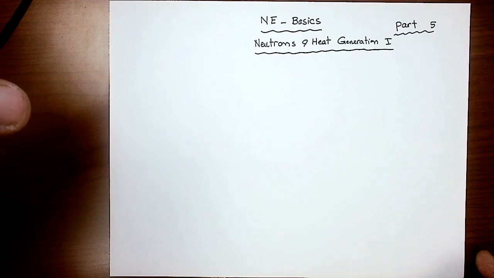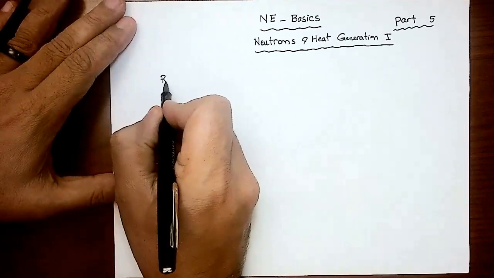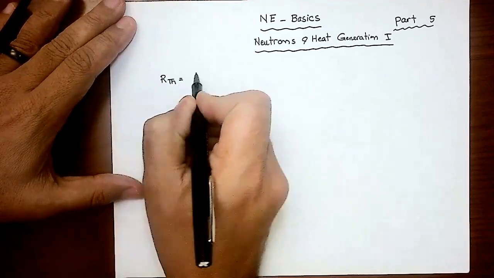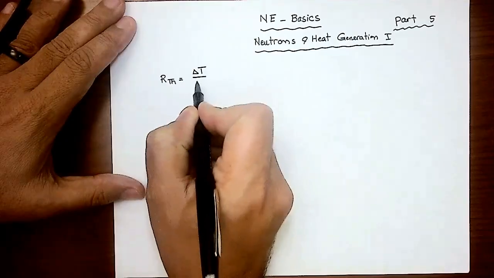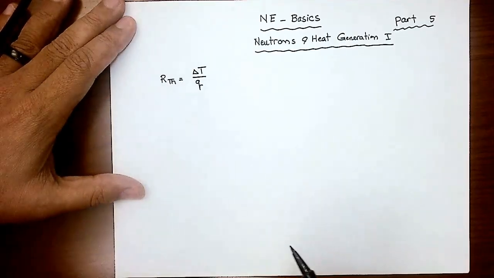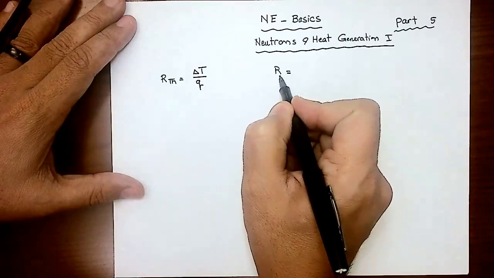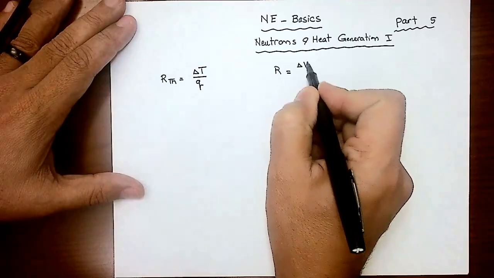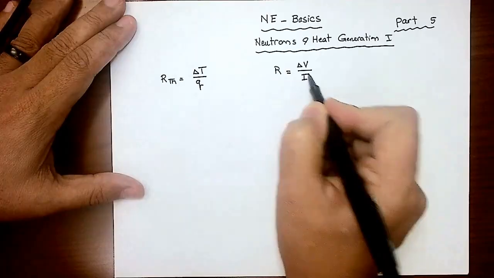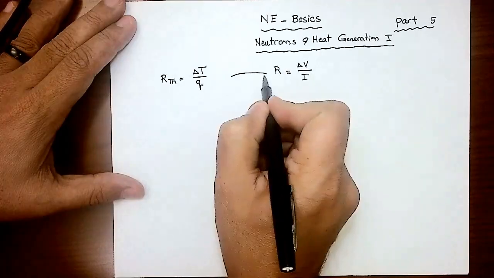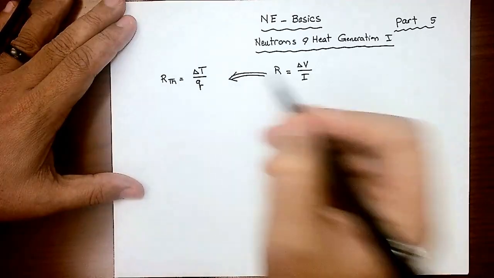So to overcome this problem, we were able to do the thermal circuit analysis, and we did introduce the concept of thermal resistance, which is simply the temperature difference divided by the heat transfer, which is taken from Ohm's law, where the electric resistance is the voltage difference divided by the current. That's from Ohm's law, and we use the similarity to be able to derive this equation.